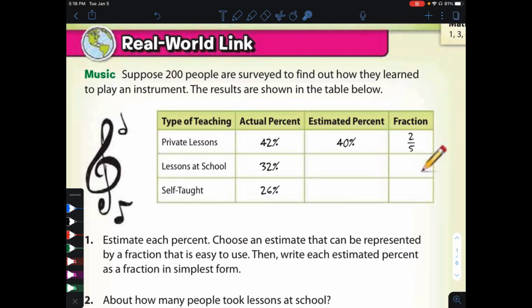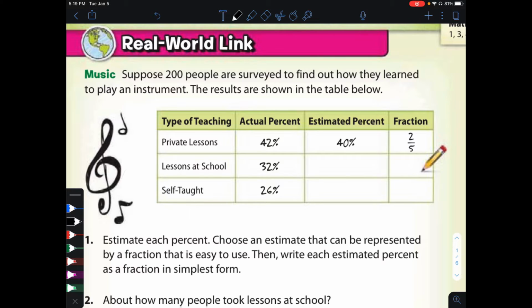Suppose 200 people are surveyed to find out how they learn to play an instrument. The results are shown in the table. Okay, so you have private lessons at 42%. The estimated percent is 40% because if you notice 42 is close to 40%. So we know that the fraction of 40% is 2/5.